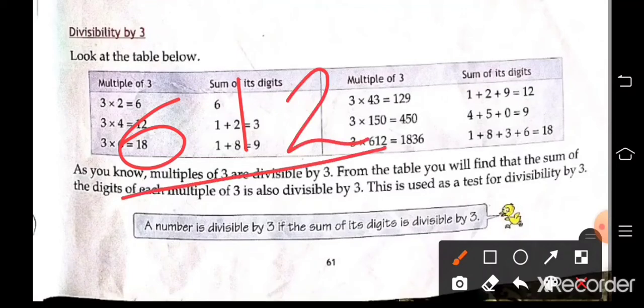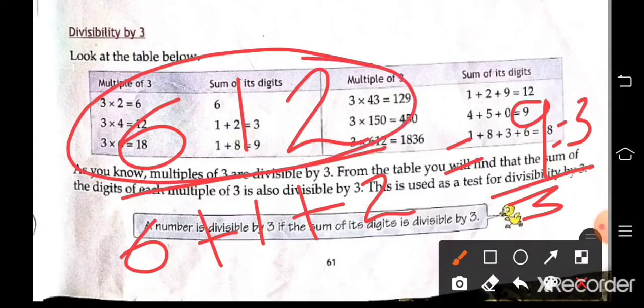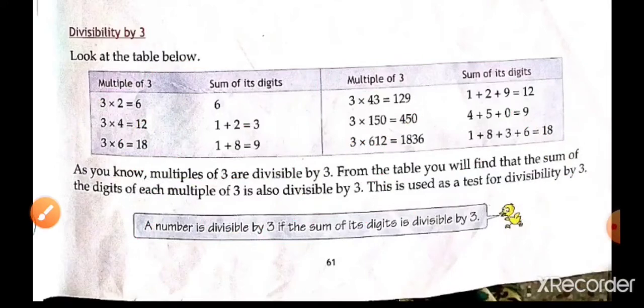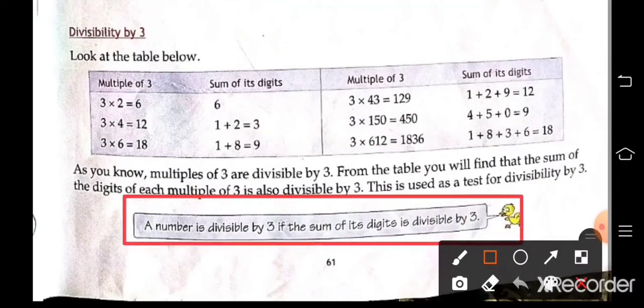To check, 6 plus 1 plus 2. Now 6 plus 1 is 7, and 7 plus 2 is 9. 9 is divisible by 3, 3 threes are 9. So this number is also divisible by 3. So remember this thing: a number is divisible by 3 if the sum of its digits is divisible by 3.